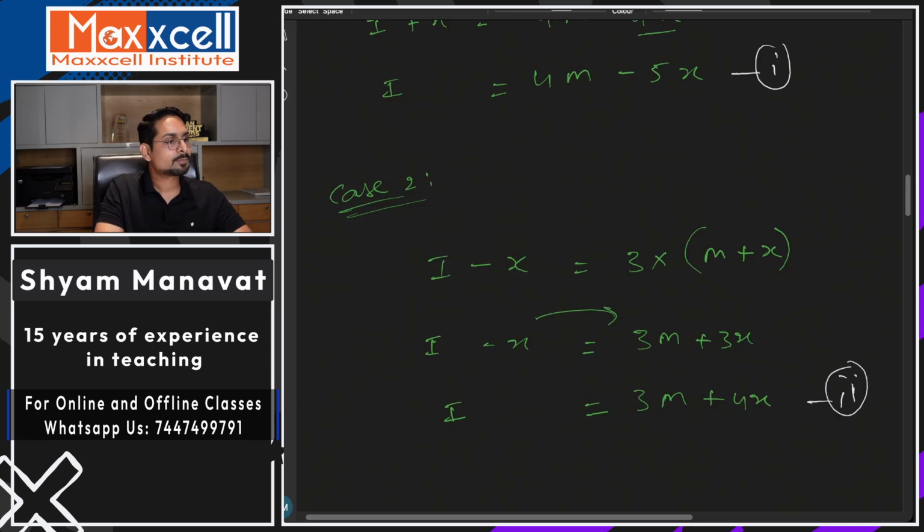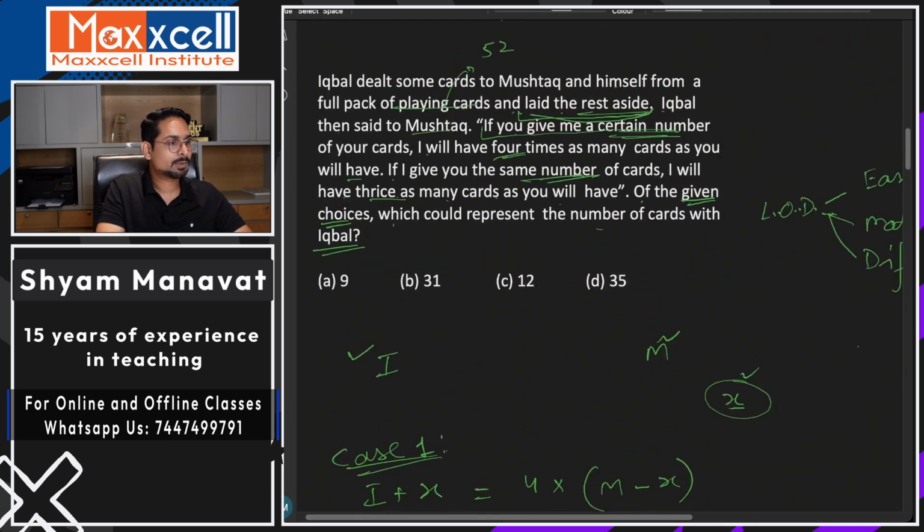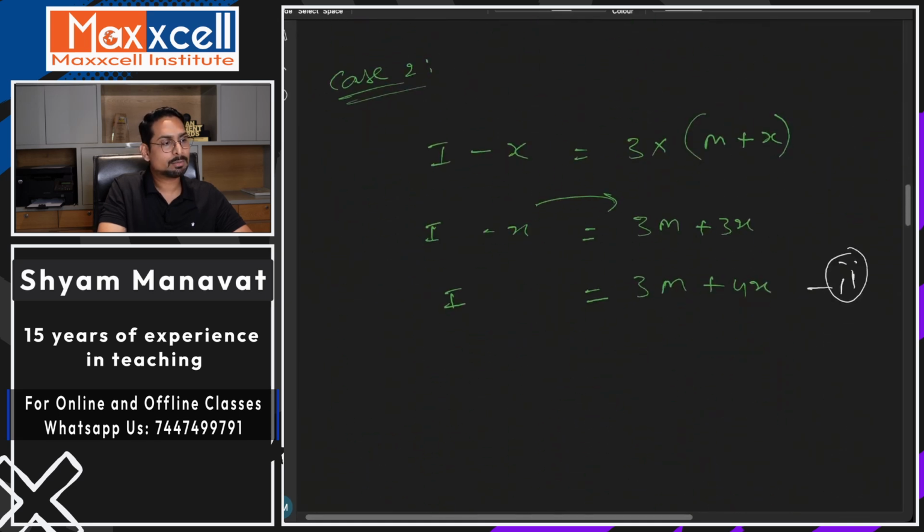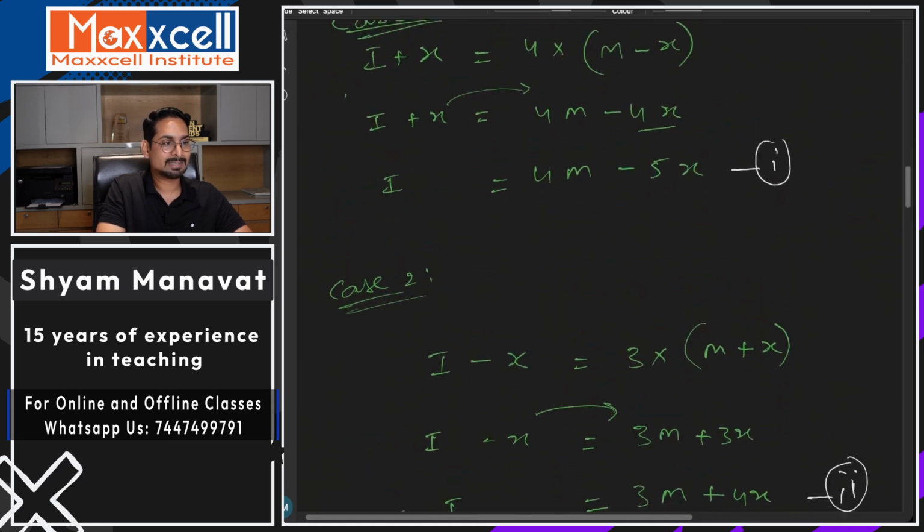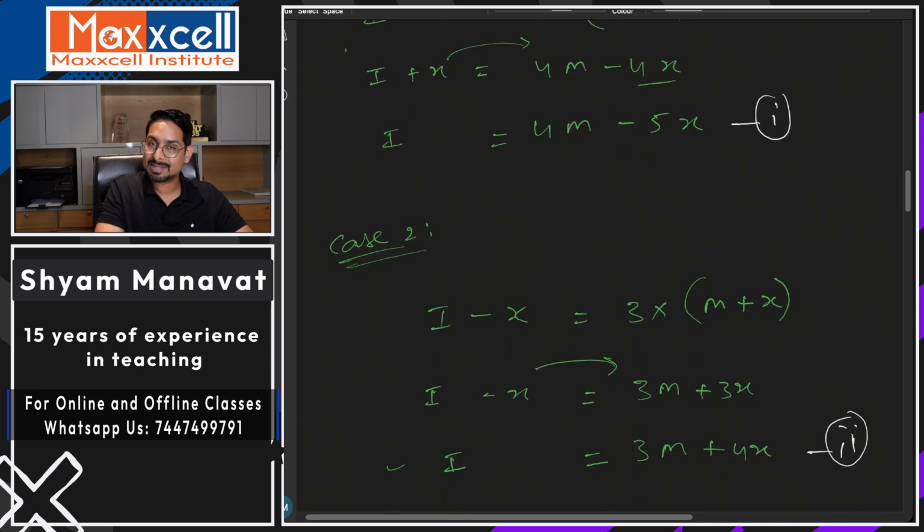Okay, now the question said how many cards Iqbal has. Now I will look at equations number 1 and 2 as linear equations with 3 variables, and I will eliminate some variable and then try to come to the conclusion.